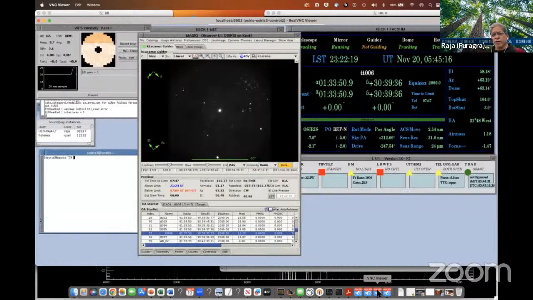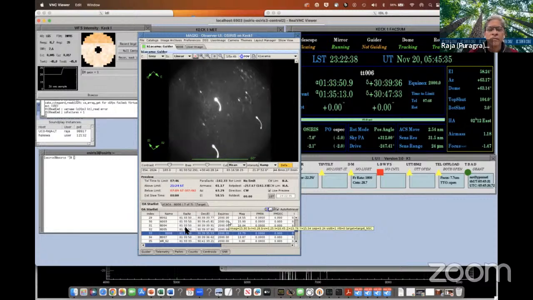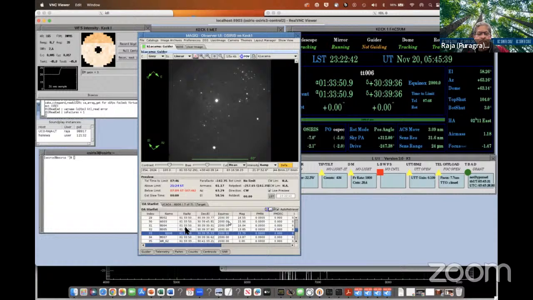But Matt, I'm not seeing it in the guider. Oh, yeah. Okay. How do I do that? Oh, there we go. I just got to reset a fetch for the right magnitude. Yeah, okay.